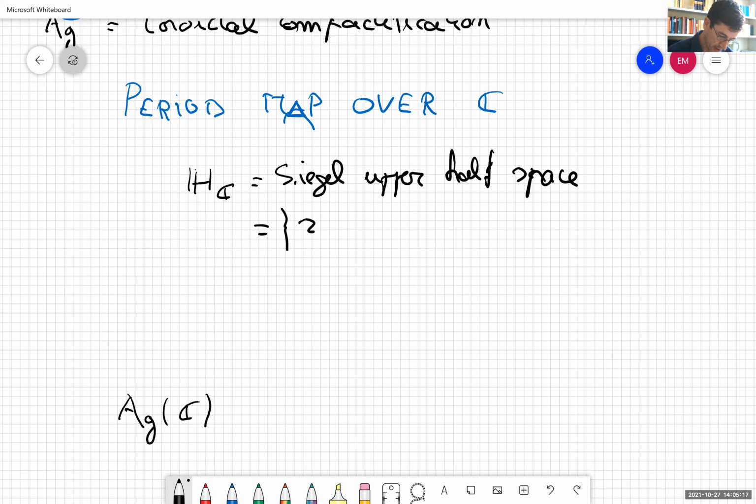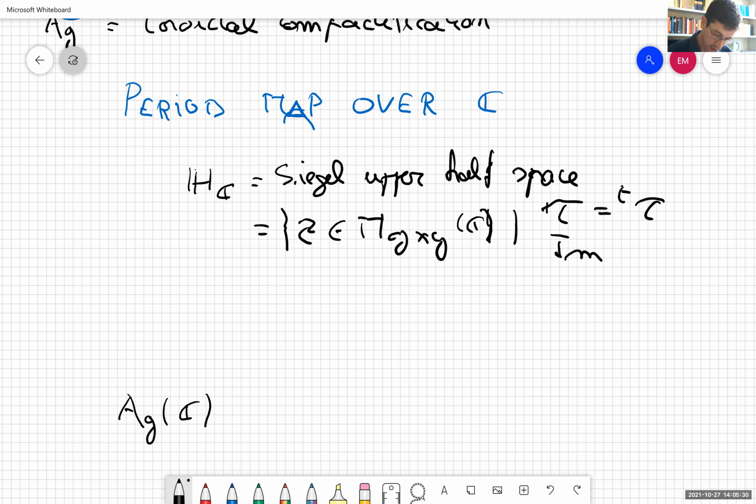Right, so these are simply the g times g complex matrices with the property that they are symmetric and that the imaginary part is positive definite. So for g equal 1, you have the usual Poincaré upper half plane, okay? And actually this is a uniformization map in the topological sense, okay?